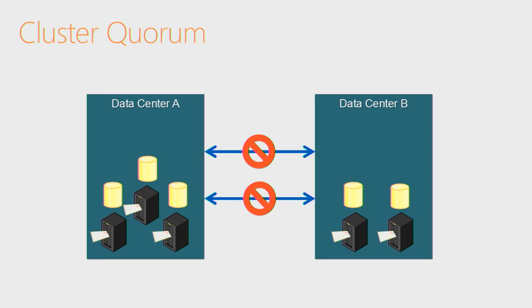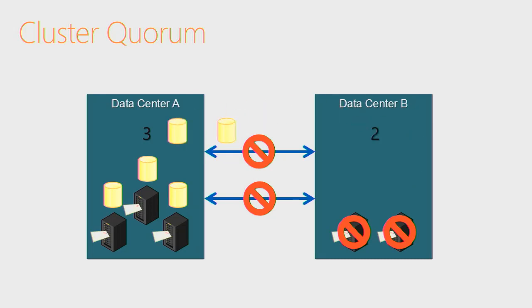So I now have a partition. I've got 2 nodes on the right, 3 nodes on the left. Now, in this case, there's no file share witness involved. So what's going to happen, who wins this argument, left or right? Left, right? So I end up with 3 votes over here, 2 votes on the right, and subsequently, those nodes' cluster services will terminate, and my databases will move.